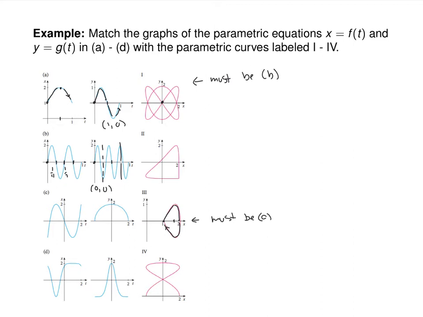So the x's increased to 2 and then went back down to 0, and the y's went up to 2, down to 0, and negative. Okay, so x's increased to 2, and the y started positive. So our x's are increasing and our y's are increasing. So there's the point when they're both equal to 2.